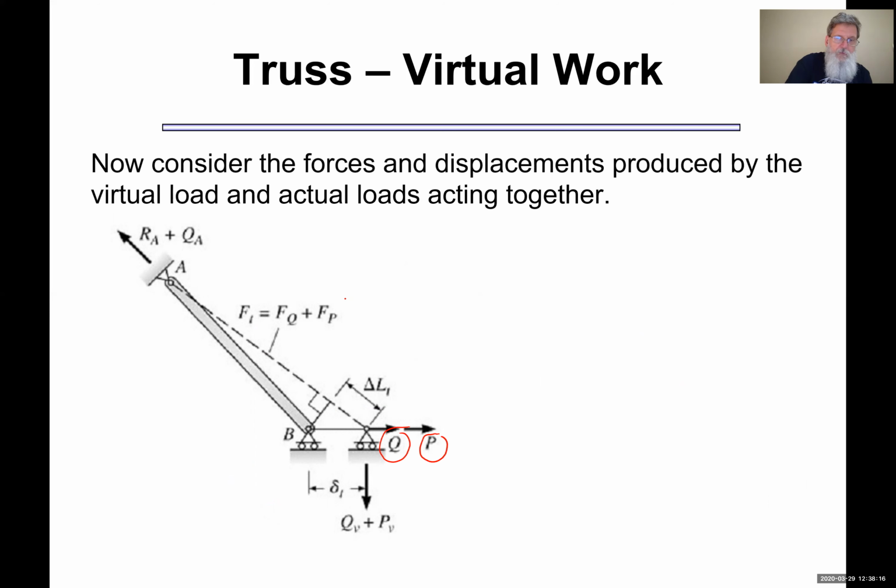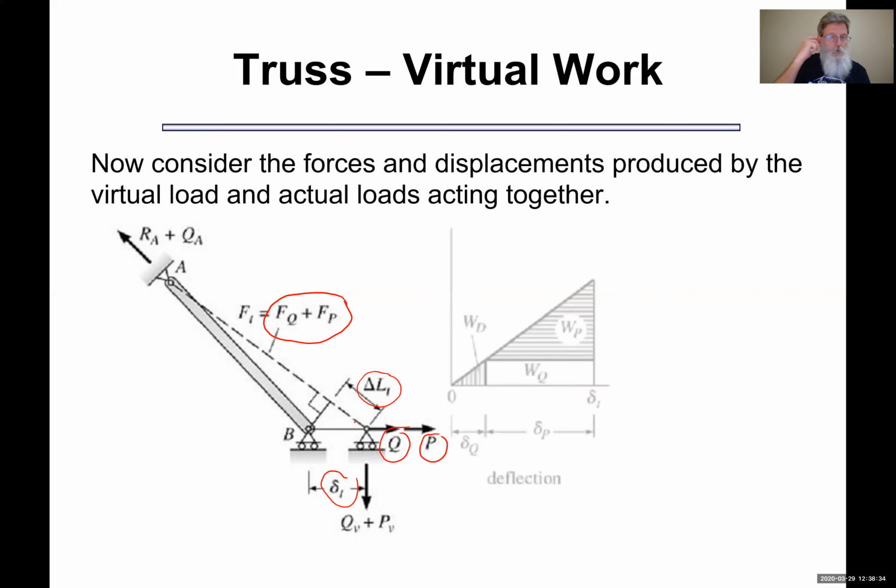And you'll notice that the force produced in the bar is a combination of those two, and then we have an elongation and a displacement. So now I've got a virtual force going through a real displacement. So what's going to happen with this? Well, now you'll see that as I apply, this is my virtual system, real work done by my virtual system.